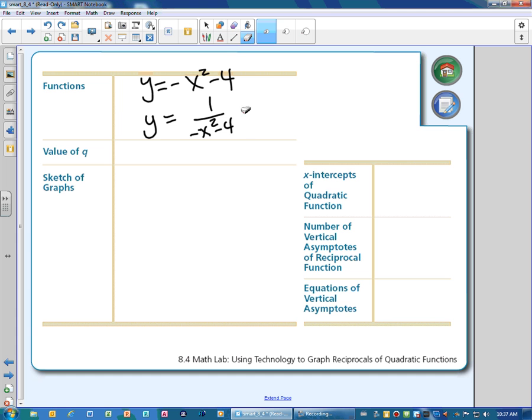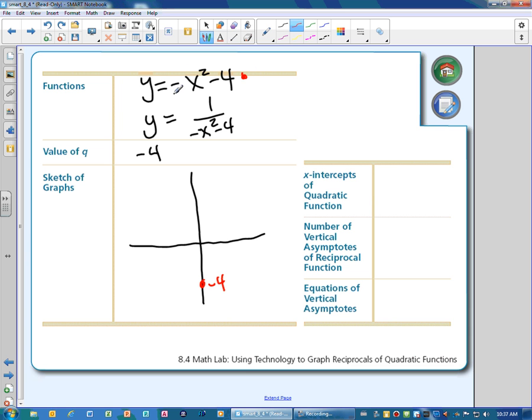Just 1 over negative x squared minus 4. What's the value of q? It's negative 4. My graph starts at negative 4. My a is negative, so I'm just going downwards. So there is y equals negative x squared minus 4.